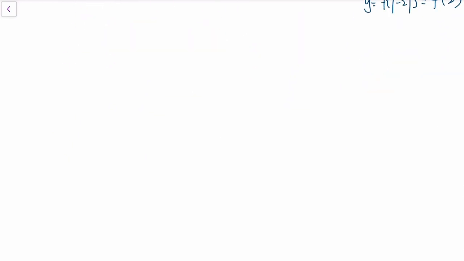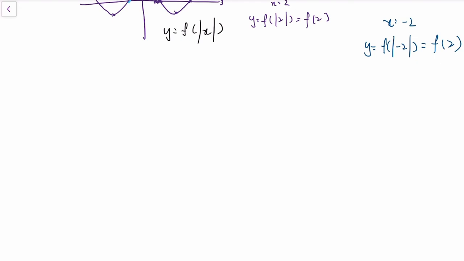I would also want to show you how to solve some sort of absolute equation. For example, if you have |x| equal to 4, what could x be? Then it could be quite clear that x could be +4 or -4, right? Because if you take the absolute value of +4 it is 4, and if you take the absolute value of -4 it is also 4.